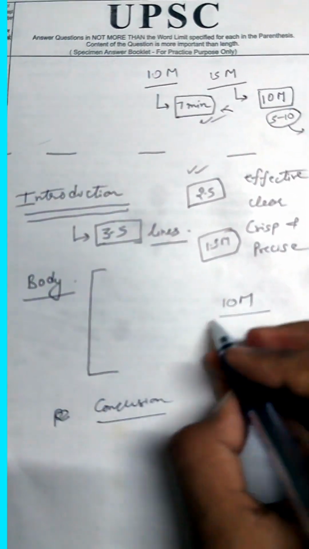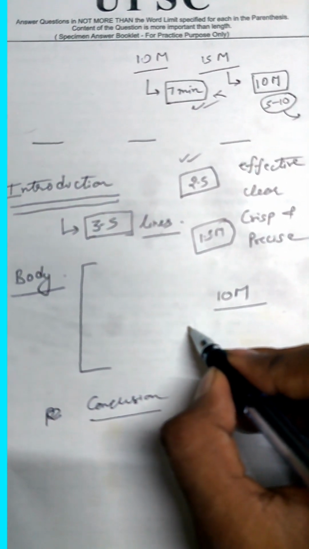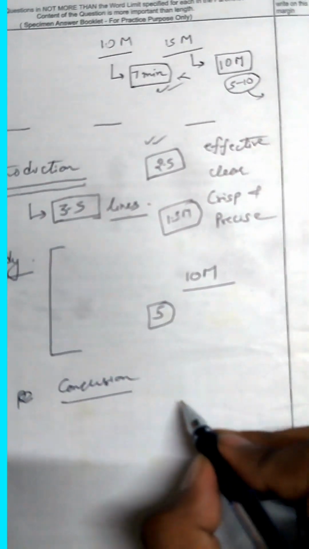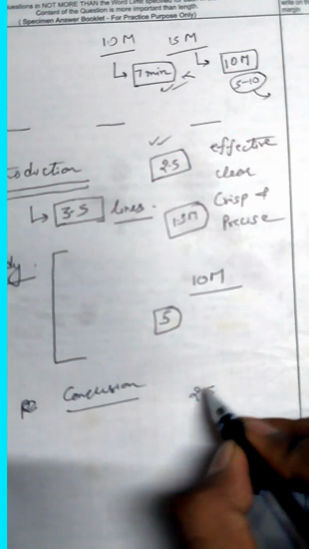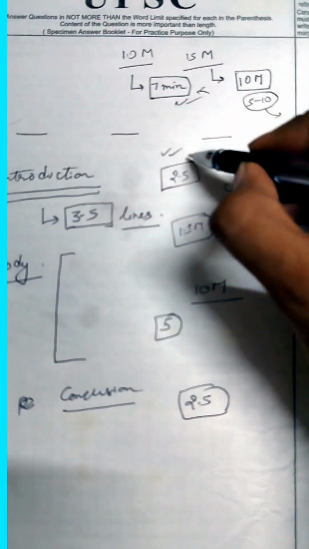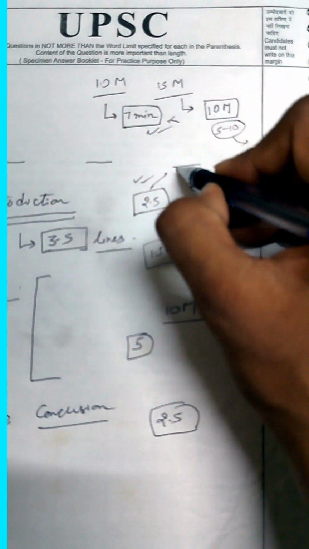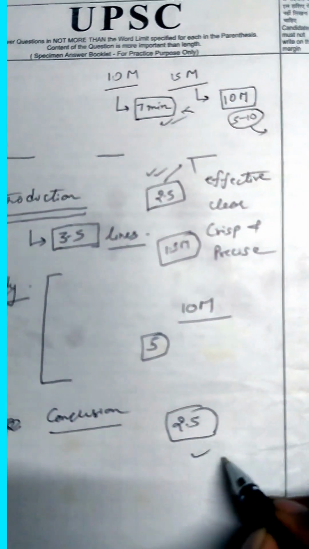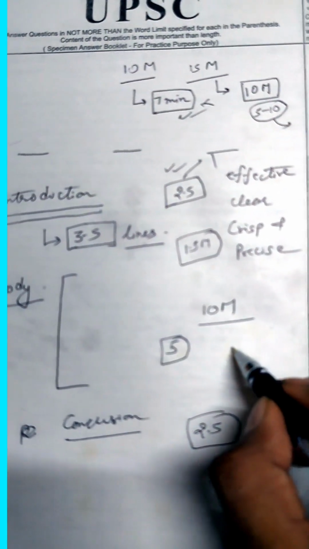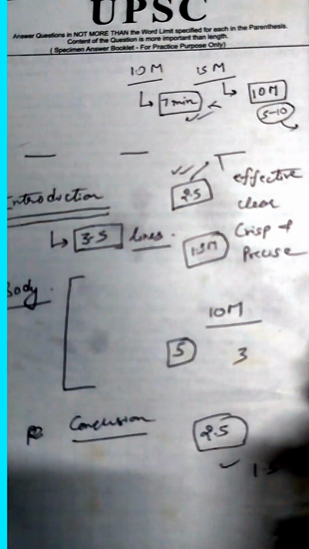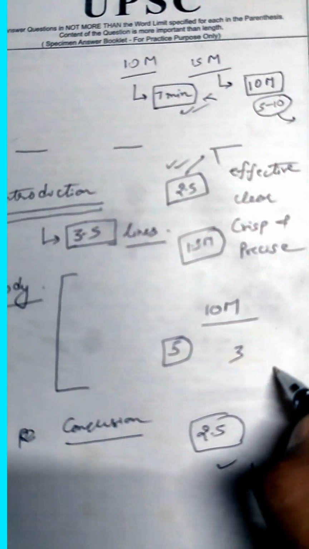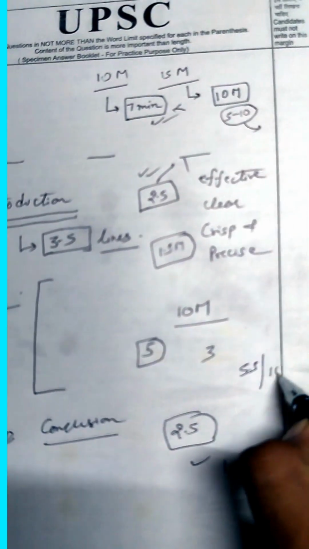The body will be around 5, and again the conclusion will be 2.5. Generally, here you will get around 1 mark, here around 1.5 marks, and here around 3 marks. That's why people used to get around 5 to 5.5 out of 10.